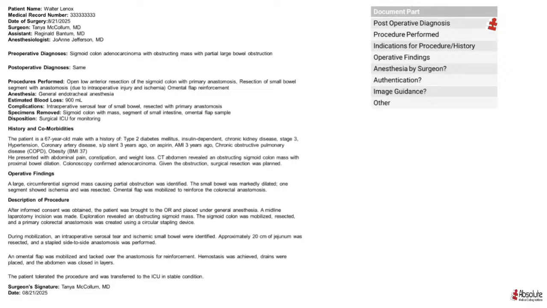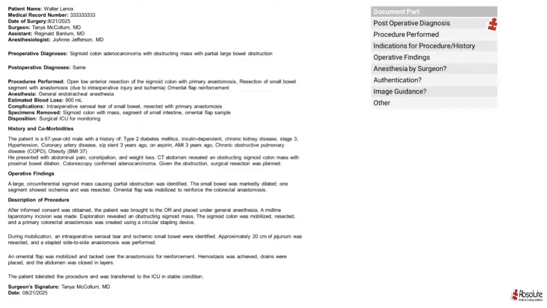Chronic obstructive pulmonary disease or COPD, obesity with a BMI of 37. He presented with abdominal pain, constipation, and weight loss. CT abdominal revealed an obstructing sigmoid colon mass with proximal bowel dilation. Colonoscopy confirmed adenocarcinoma. Given the obstruction, surgical resection was planned.